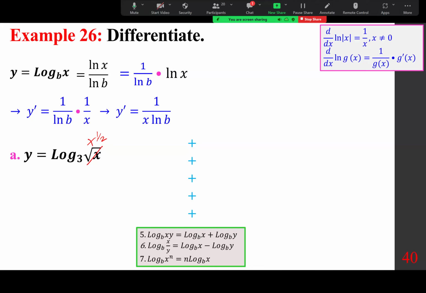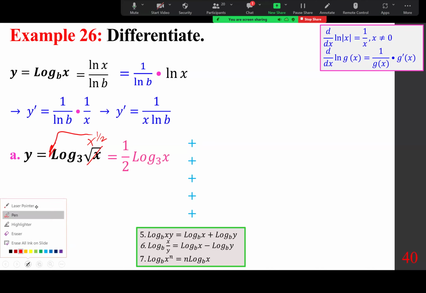Then we bring the 1/2 in front using the power rule, this one. Now we are ready to differentiate. So we keep the 1/2.